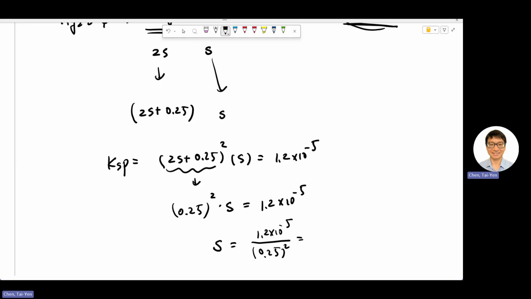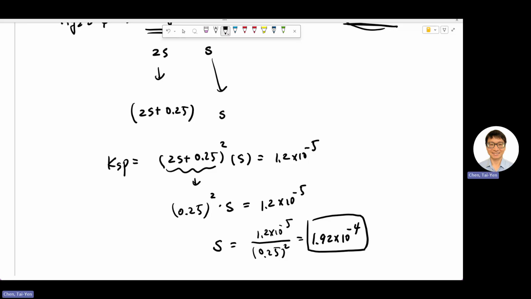And then you're going to get a value of 1.92 times 10 to the negative 4. So this is exactly the same as the previous question. I put 2 here just to reinforce all this logic flow, so you can practice it twice.